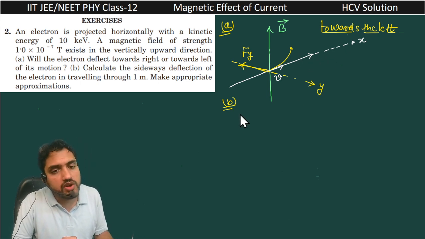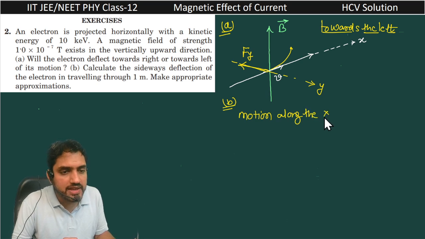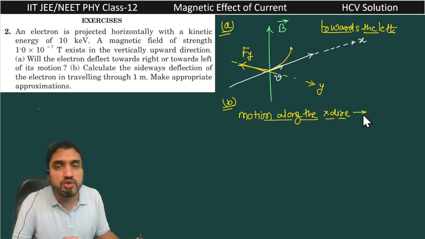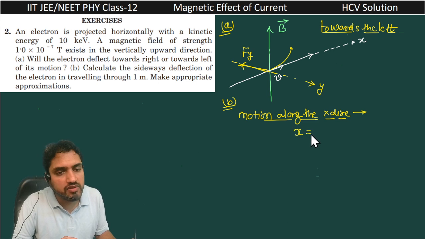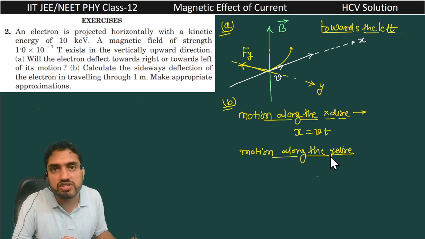So if we are talking about the motion along the x direction, it will perform uniform motion. So you can write x equal to v into t. But if you are talking about the motion along the y direction, it will have an acceleration, and we can find this acceleration using the force qvb.